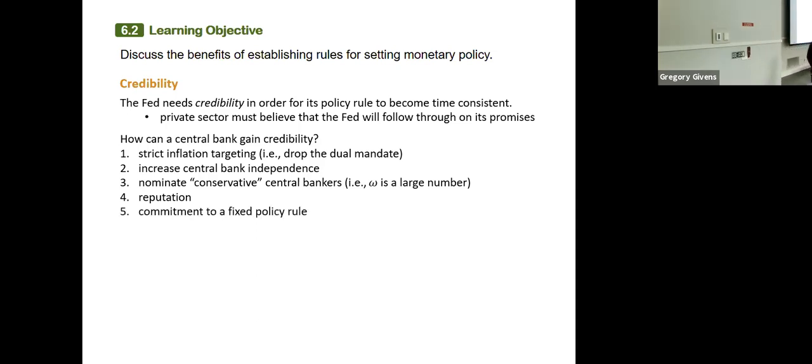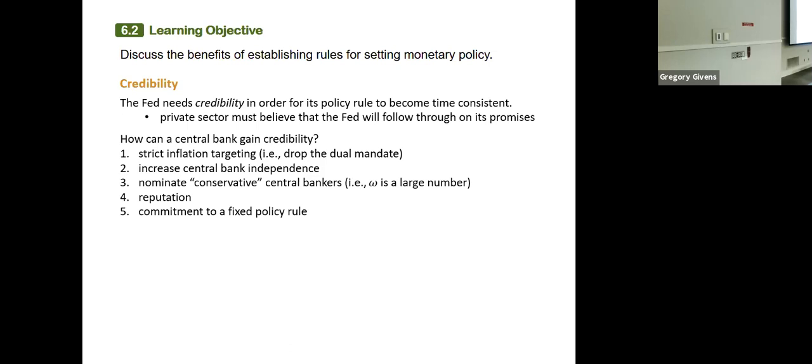The last one I'll just mention briefly is commitment to a fixed policy rule. There are some central banks that have certain institutional arrangements that tie their hands in a legal way to adopt policies in a particular way. So, for example, you might have heard of certain central banks that are formal inflation targeting central banks, like the Bank of Australia or the Bank of New Zealand, the Bank of Israel, the Bank of England, are all formal inflation targeting central banks, okay?